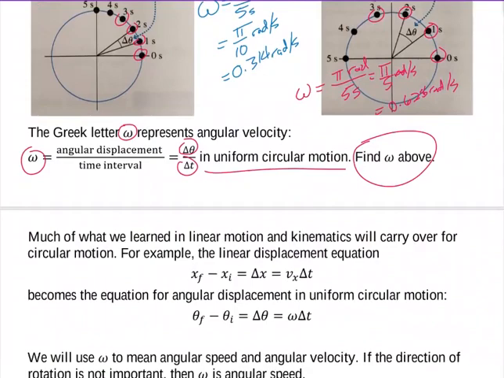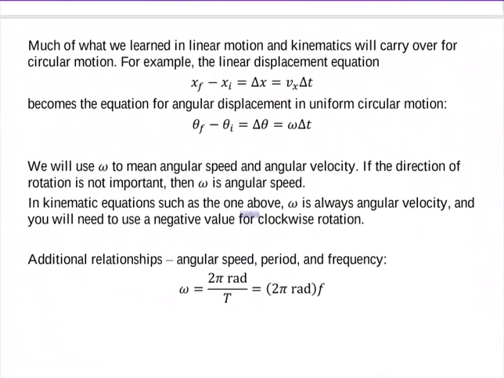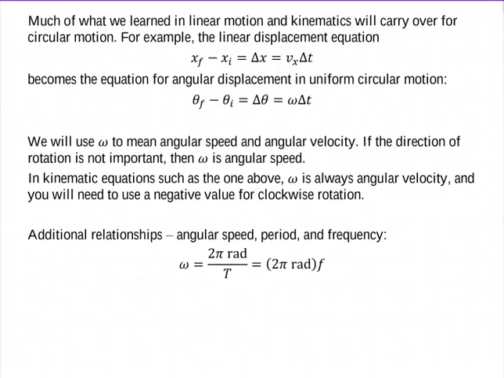All right. So now, much of what we learned from linear motion and kinematics will carry over to circular motion, as I've been trying to drive into your head so far already, right? So, for example, the linear displacement equation here, x sub f minus x sub i equals delta x, and delta x equals v sub x delta t, basically copies itself over and becomes the equation for angular displacement in uniform circular motion.